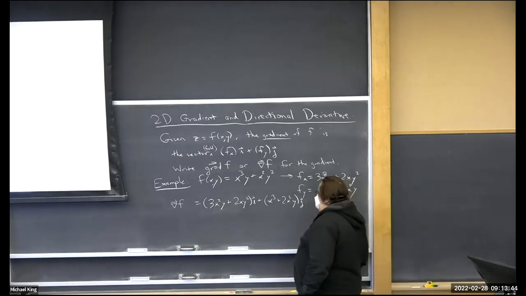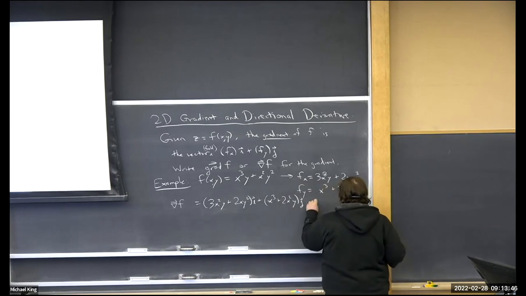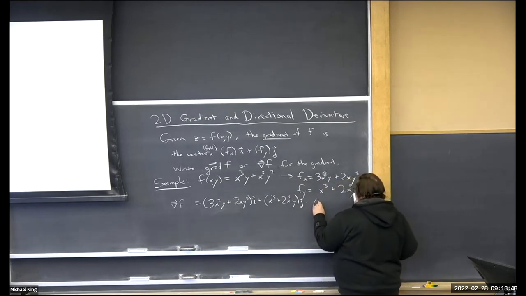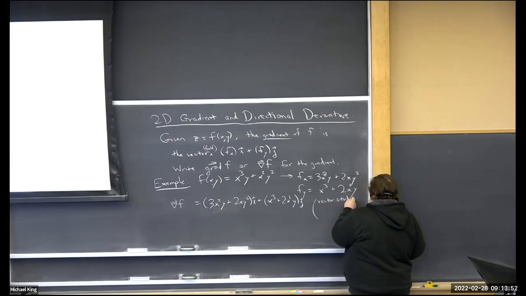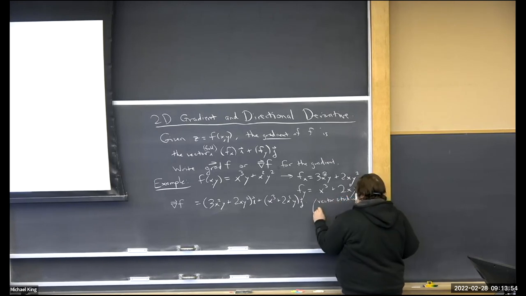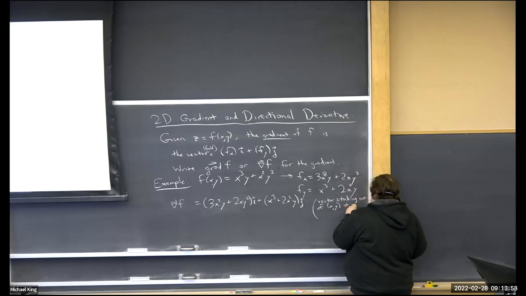So this is a vector sticking out of x comma y at every x comma y in the plane. And that's why I said that's called a vector field.